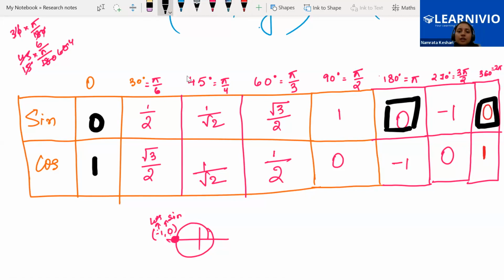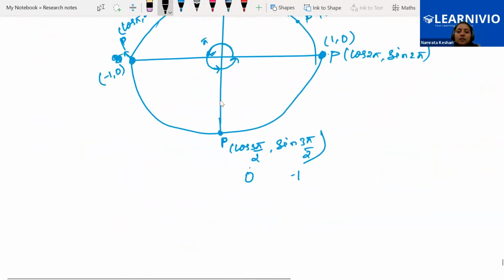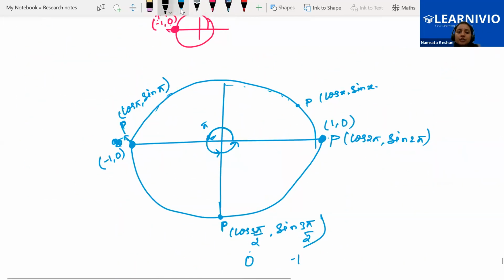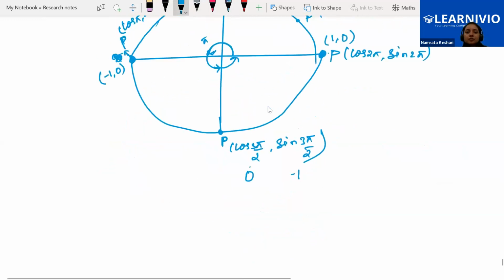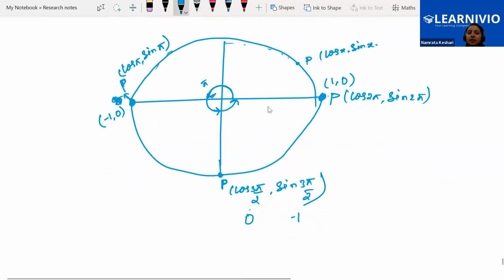Now if we continue this unit circle and keep on moving, we have taken this much angle. If we continue the angle like this, it will be 2 pi plus pi by 2. The 2 pi angle we have already covered, and then we covered pi by 2 again.